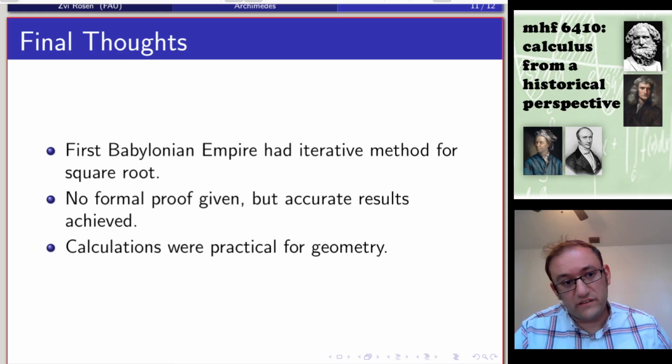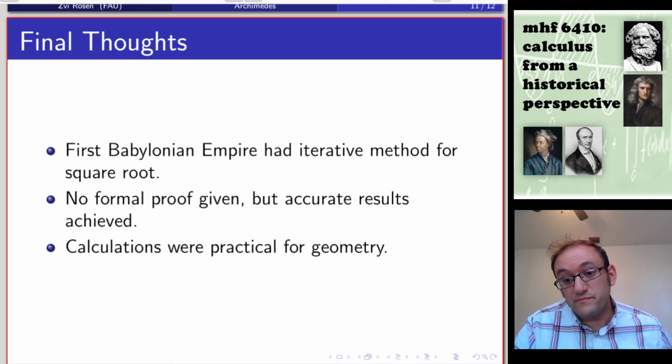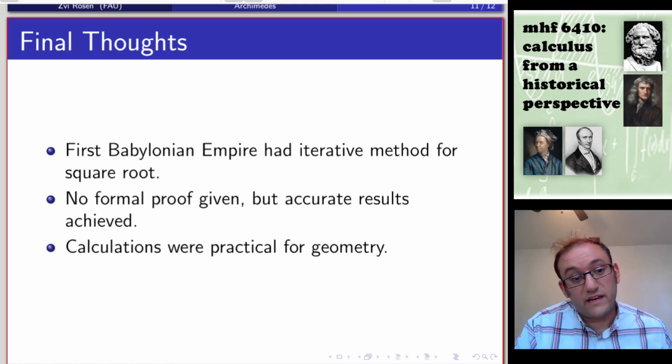No formal proofs are given, and still they get accurate results. In terms of why they were doing it, they were trying to do geometry problems, but they moved into considerations that looked forward to the discovery of calculus.